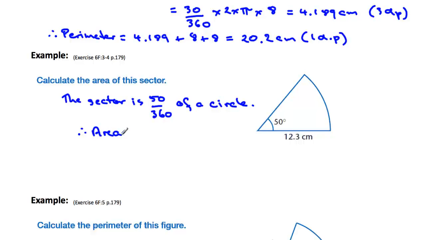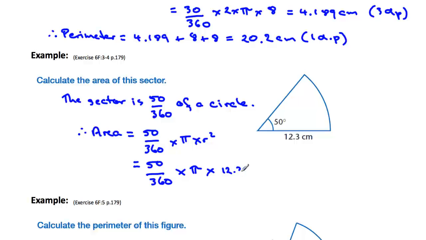The area, therefore, must be equal to the fraction 50/360ths of the full circle, which is pi times r squared. Now when we substitute in, we get 50 over 360. Remember, the only thing we need now is the value of the radius, which in this case is 12.3. And we're going to square that radius.